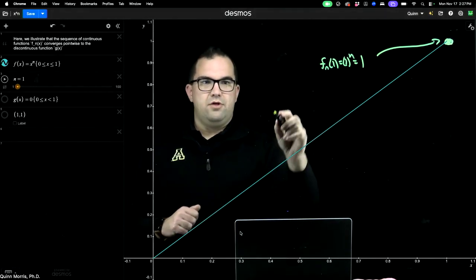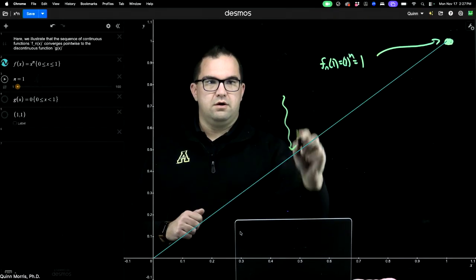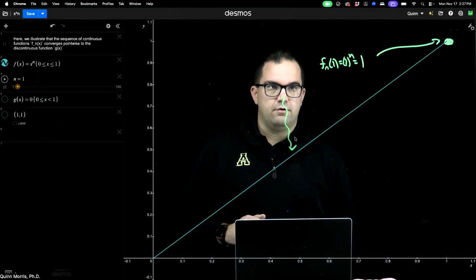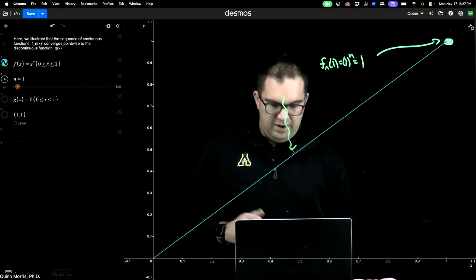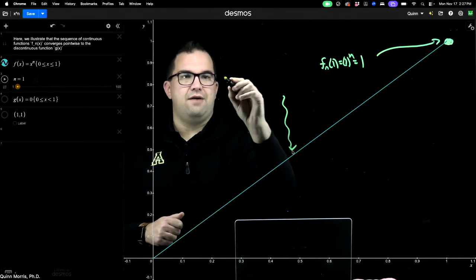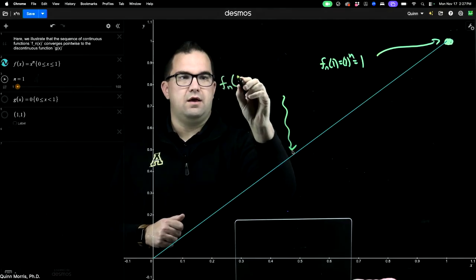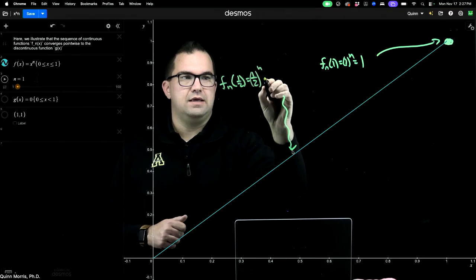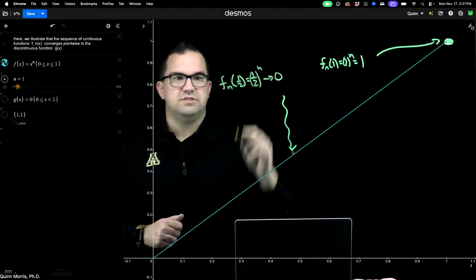But if I think about any other point on this graph, let's say I'm somewhere around a half. If I look at f sub n of 1/2, that's going to be 1/2 to the n, and that's going to go to 0.